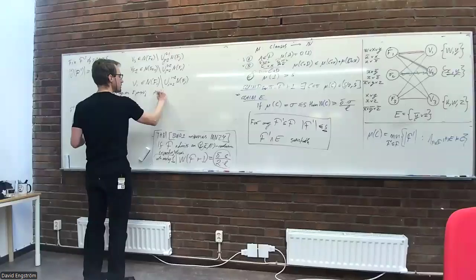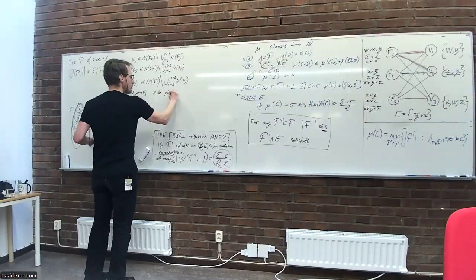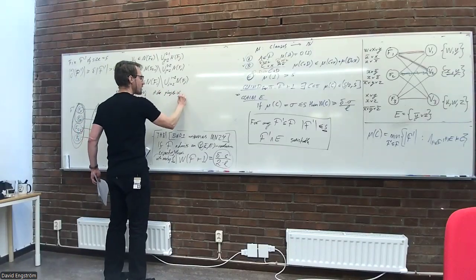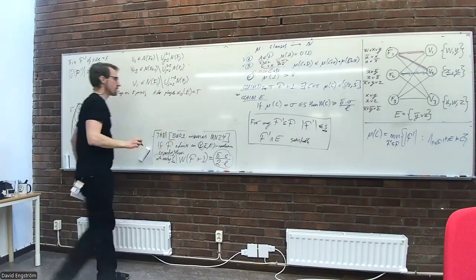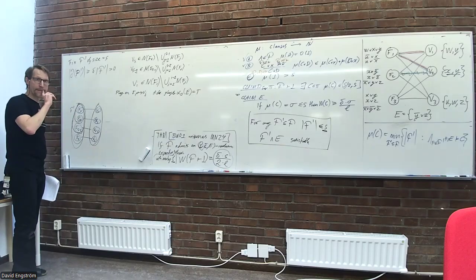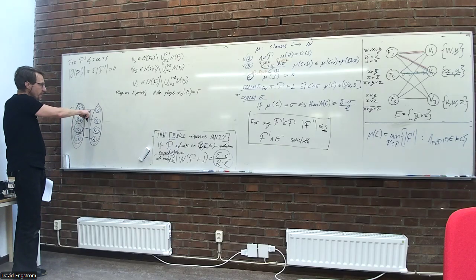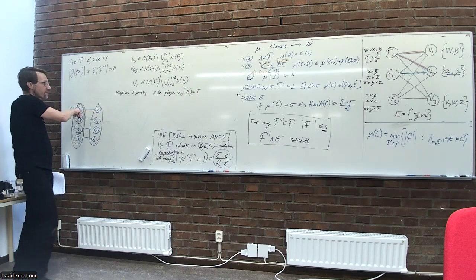The adversary plays an epsilon 0 that satisfies E. What can I do? I can modify V1 to satisfy F1.